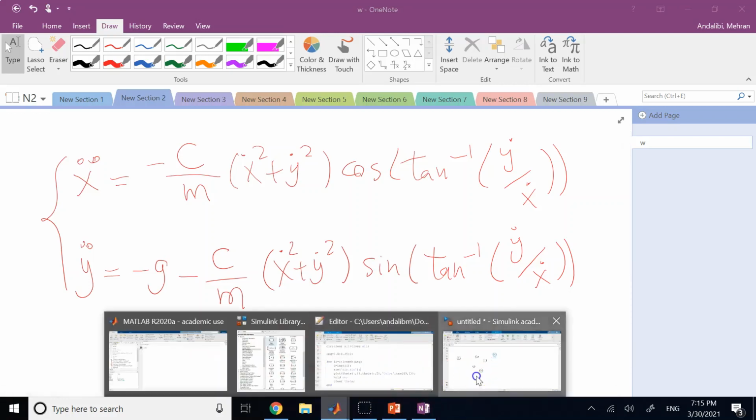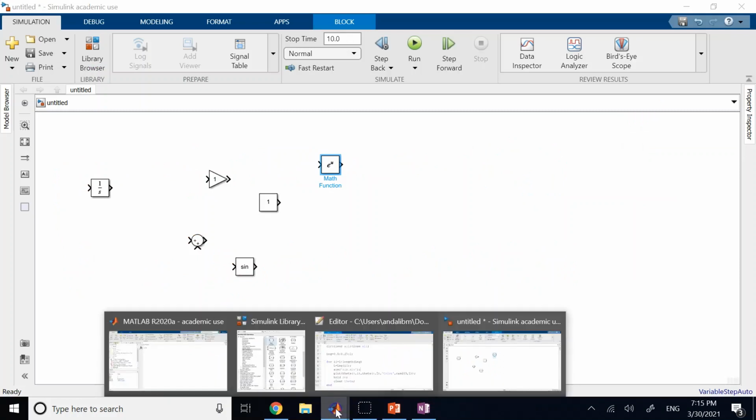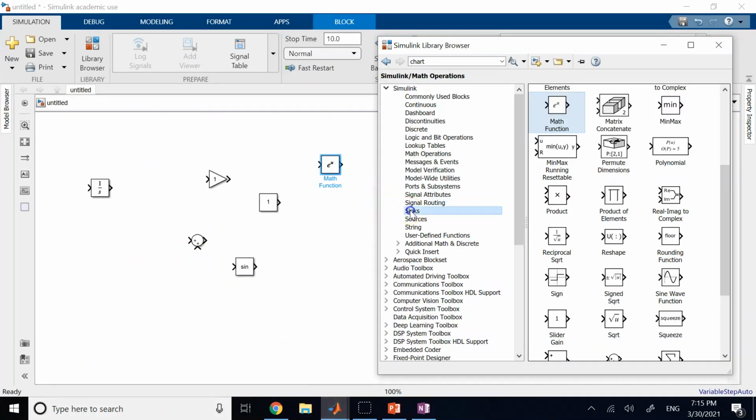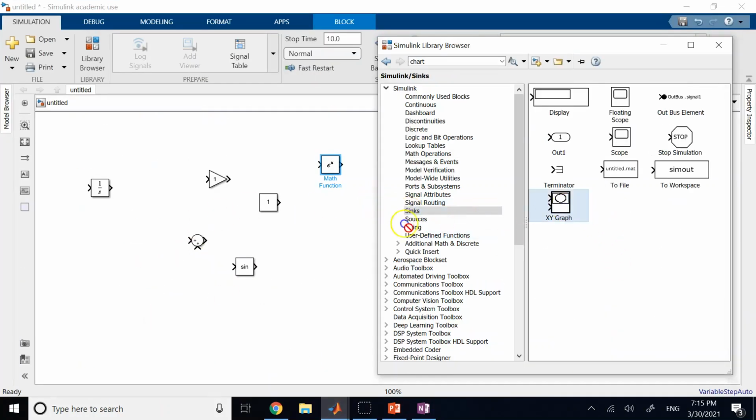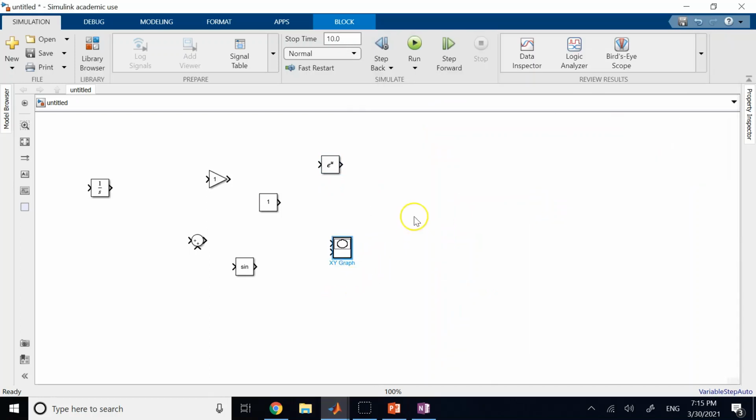And then I need some way to show X versus Y, right? Because I don't want to show X versus T or Y versus T. I want to show X versus Y, and that is under sinks, and that is called XY graph. By the way, since the simulation keeps going until we stop it, it might hit the ground and keep going under the ground, although it cannot happen in real life.